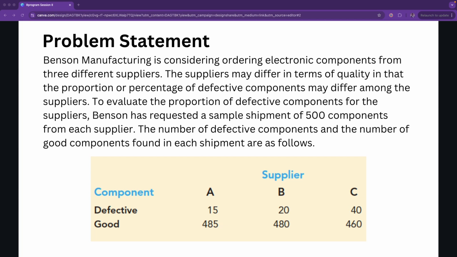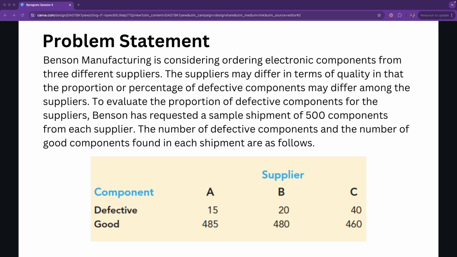The suppliers may differ in terms of quality, in that the proportion or percentage of defective components may differ among the suppliers. To evaluate the proportion of defective components for the suppliers, Benson has requested a sample shipment of 500 components. So in this case, N, which is our sample size, is 500 from each of those suppliers.